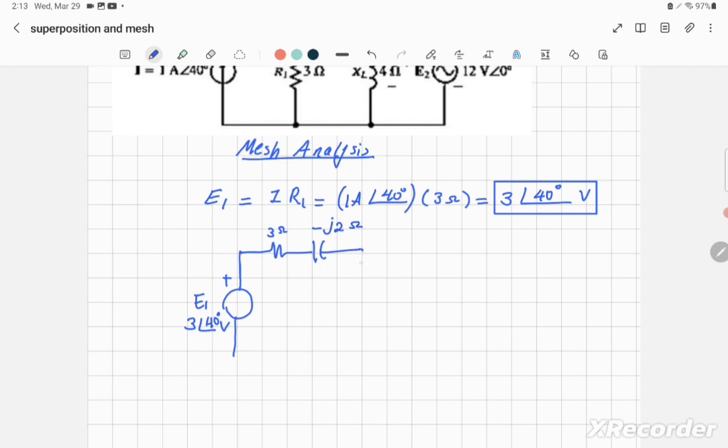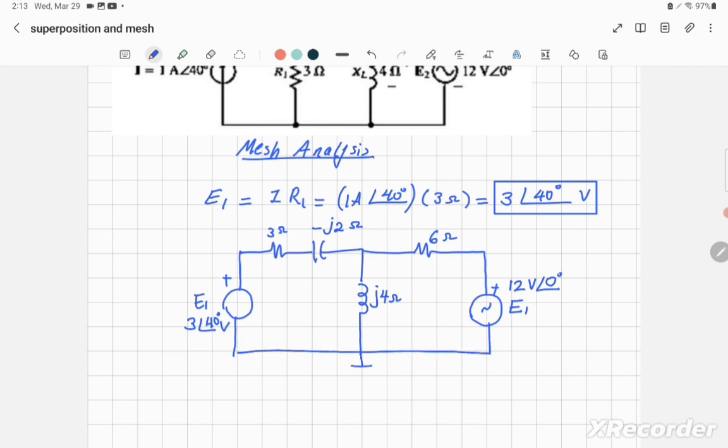And I have an inductor in the middle. That was 4 ohm, so it will be j4 ohm. Then I have resistance R2, it's 6 ohm. And the other voltage source is equal to 12 volts at an angle of 0 degrees. Then a ground, which we take as a reference.